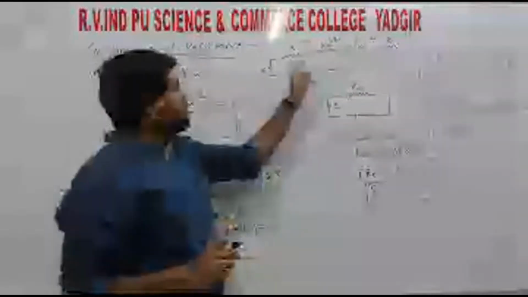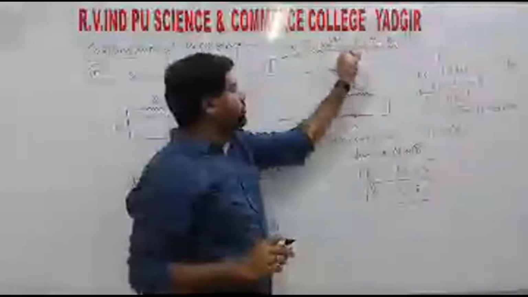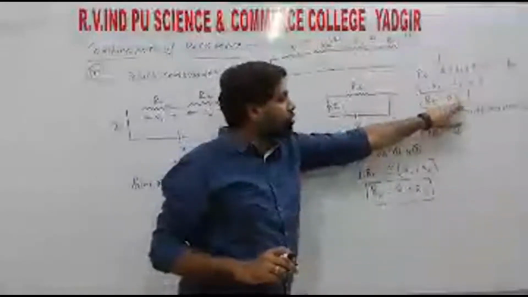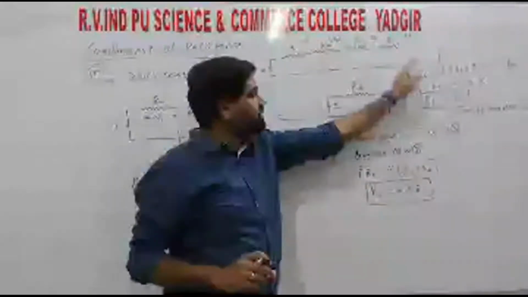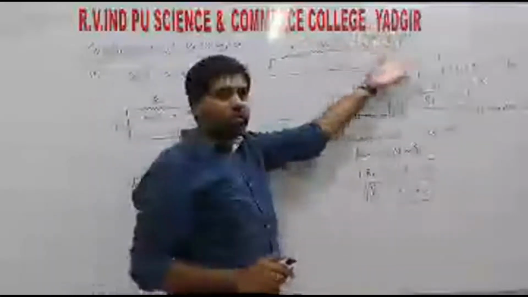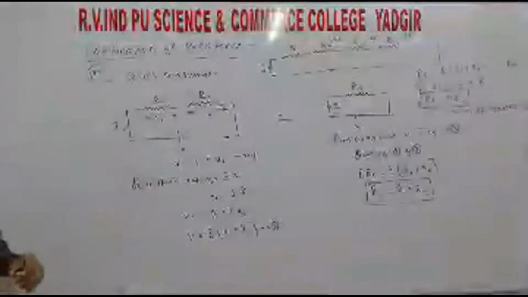All the resistances having the same value, we can directly write the equivalent resistance Rs is equal to N into R. Here we have 4 resistances, so 4 into 2 we get 8 ohms, or we can add 2 plus 2 plus 2 plus 2, and we get the same result. So this is a shorter formula, Rs is equal to N into R, which will help us in competitive exams. So this is about the series combination.